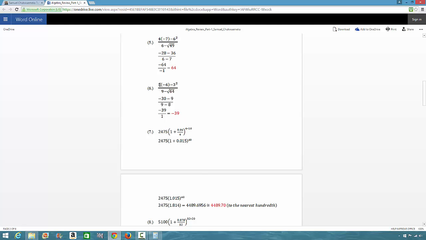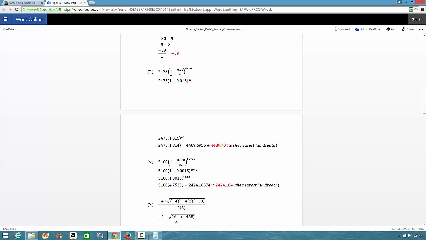I don't want you to just put this in your calculator right away and then it gives you -39 and then you're done. No, you didn't do it. Your calculator did it. So you only get answer points when you do that. If you want to get your full point, you have to at least write this step.